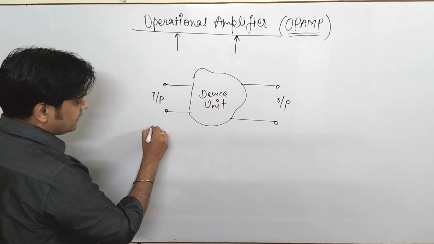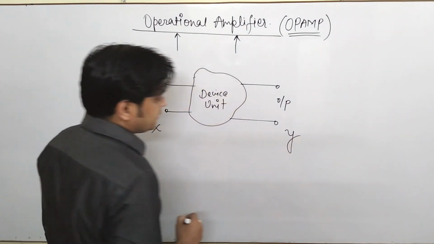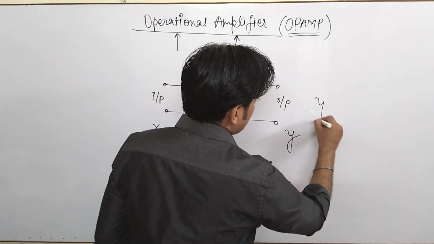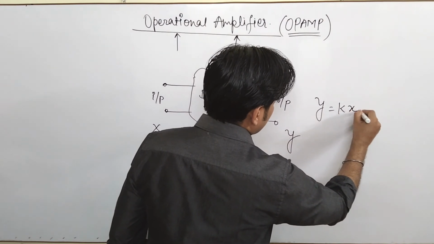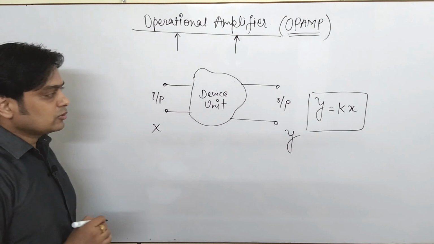Now if you apply an input, say X, you will get an output, say Y, and this Y is basically K times X.